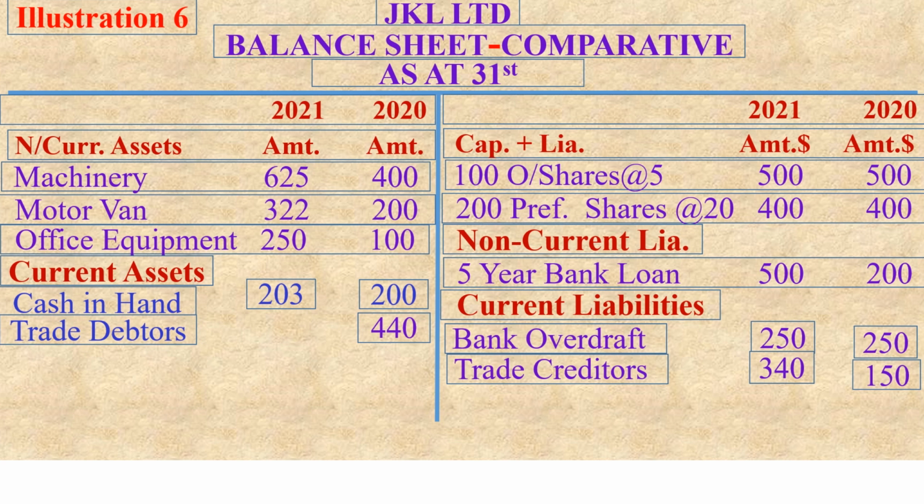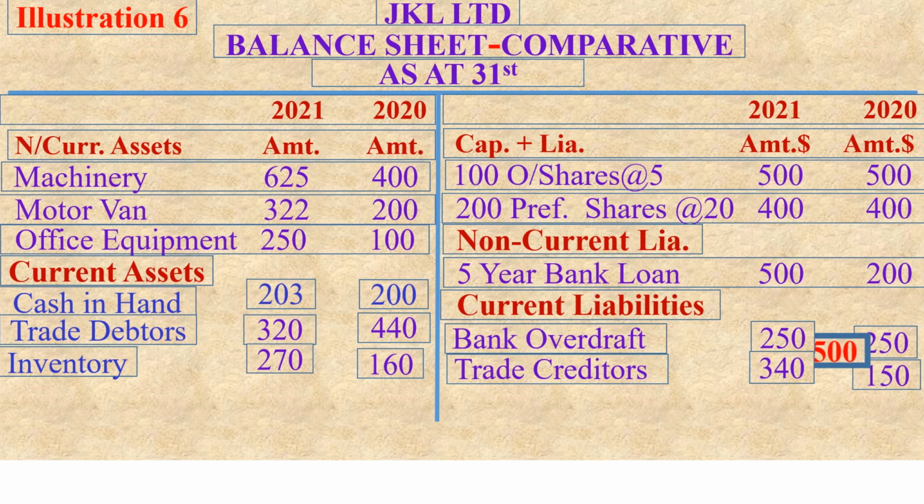Then followed by trade debtors of $440 for the year 2020, and for the year 2021, the figure was registered at $320, which was actually a decline as far as the trade debtors was concerned. Again, we have got inventory, which in the year 2020 was $160, with a corresponding figure of $270 for the year 2021.